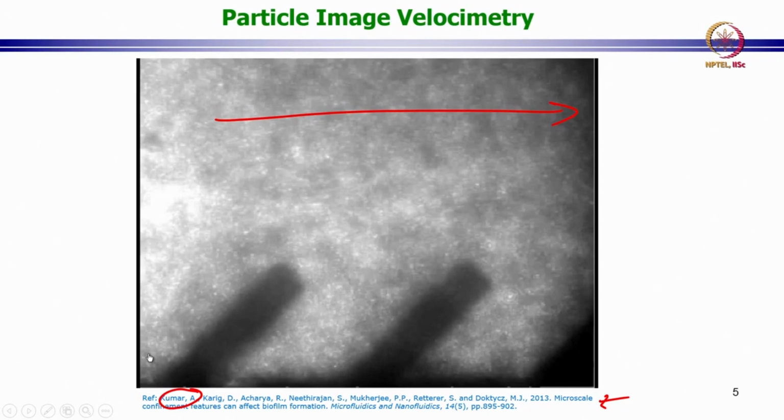However, just like the previous case, this also has tracer particles. In both the cases, the tracer particles have already been carefully selected so that you do not have to worry about particles not following streamlines.